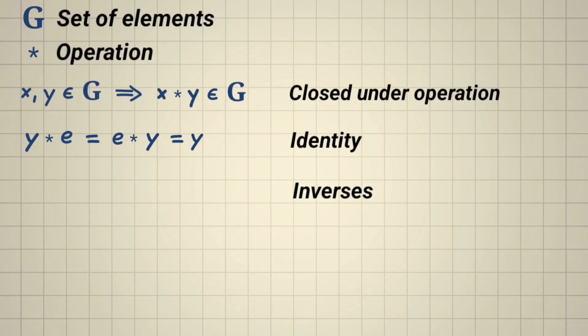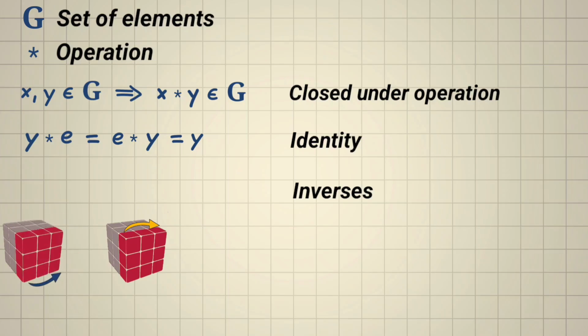Inverses. Every rotation can be undone with an inverse rotation. For example, if I rotate the front side 90 degrees clockwise, the inverse rotation 90 degrees counterclockwise reverses the action. Typically, the inverse element is written as x to the power of -1.